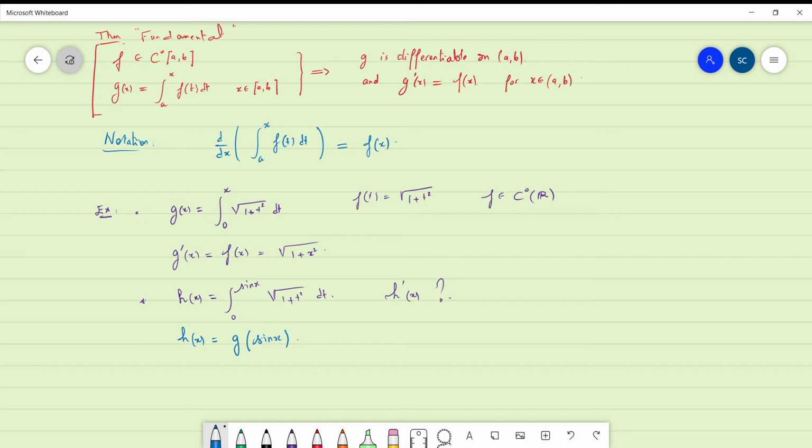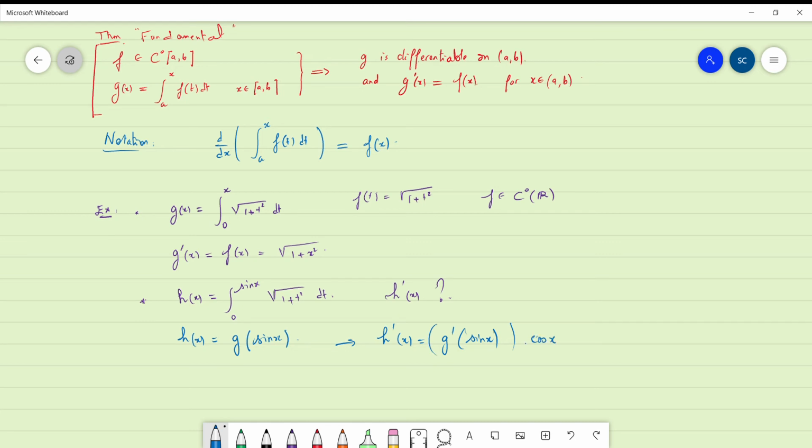So it is a composition of functions. The sine function is differentiable everywhere, and g is differentiable everywhere, so h is also differentiable, and the derivative is g prime at sine x times the derivative of sine, which is cosine x.